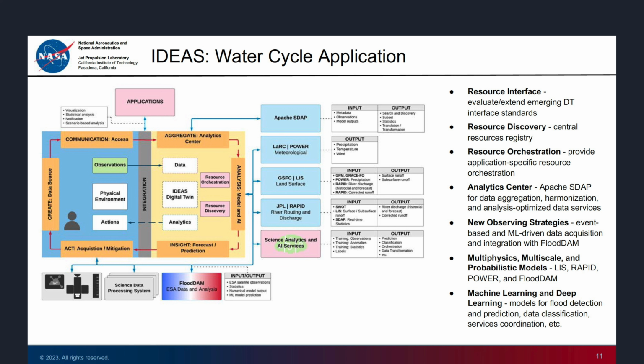Those are fed into the Land Information System at Goddard. The outputs from that model can be put into RAPID, the discharge model. And then we're working with the flood dam folks from Kness, and they're looking at different river basins to develop a framework for digital twin technology to assess and look at the potentials of floods and those processes.